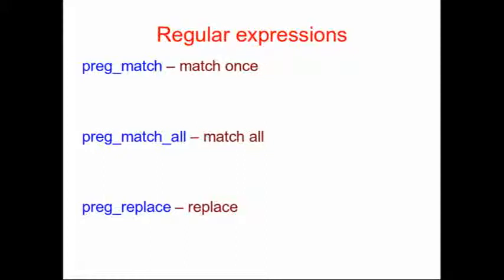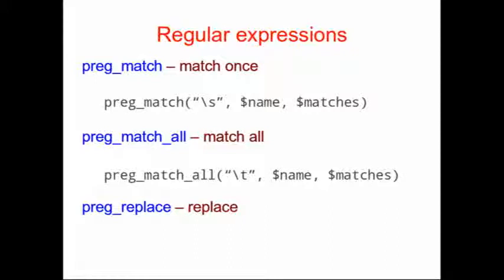PHP includes strong support for regular expressions, and there are 3 different functions associated with regular expressions. The first one just matches once, and the alternative matches every occurrence, so like an individual match or a global match. These 2 commands take 3 parameters.